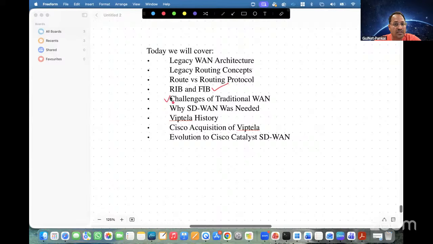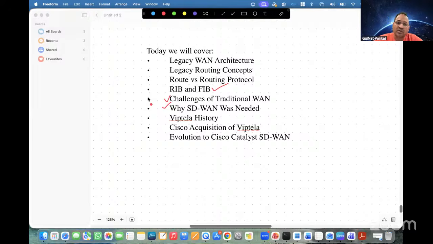And also we'll discuss the challenges with traditional WAN. What are the challenges with traditional WAN, and how SD-WAN is going to overcome those challenges. That's a key thing, because when you go for an interview, guys, this kind of question is definitely going to be asked. Subsequently, we'll also understand why we need SD-WAN and what the problem was in the WAN in terms of challenges.